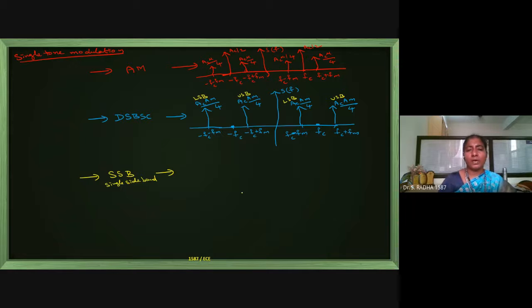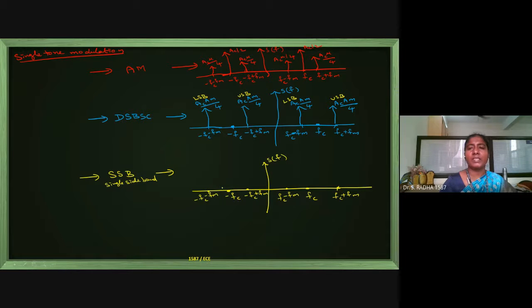Now, in the SSB diagram, only one sideband is present in S of f: plus Fc, Fc plus Fm, Fc minus Fm, minus Fc, minus Fc plus Fm, and minus Fc minus Fm.